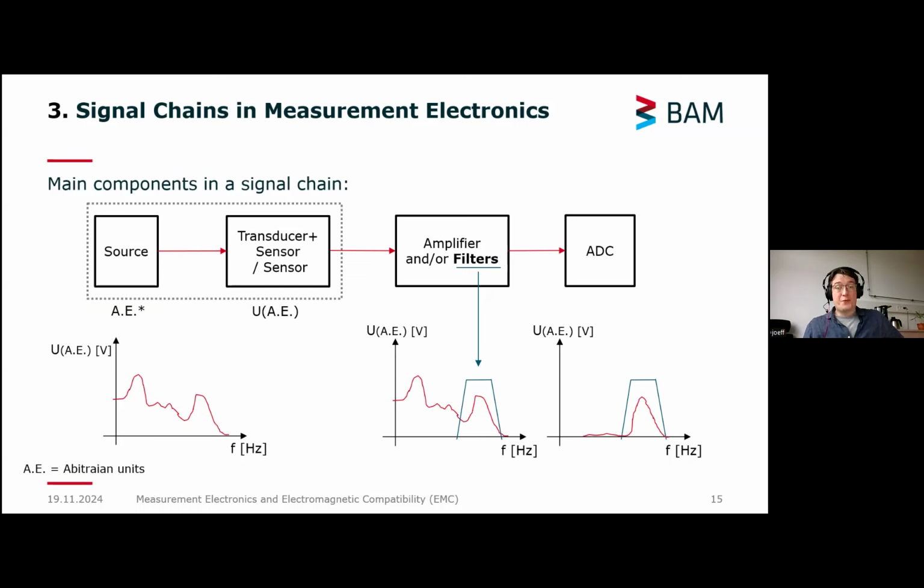For that, you would use a signal conditioner, in this case what I'm showing you here, which would be a filter, and you would only look at the shown peak, the second highest peak, which might be interesting, and then it would be a band pass, and you can only let this band pass to the analog digital converter, so you only get the frequencies and signals you want to acquire.